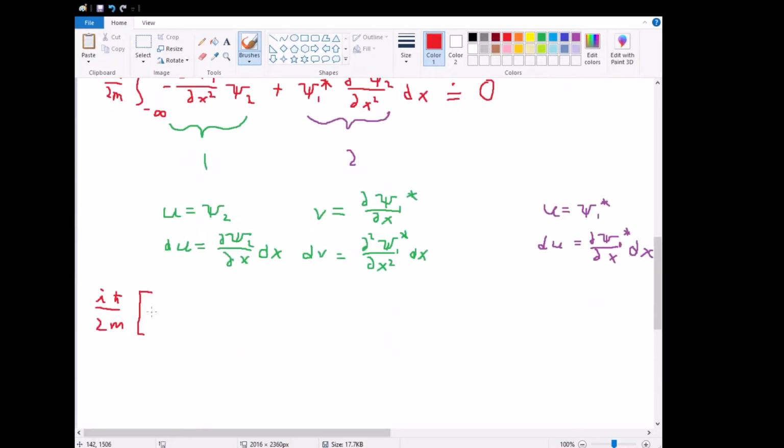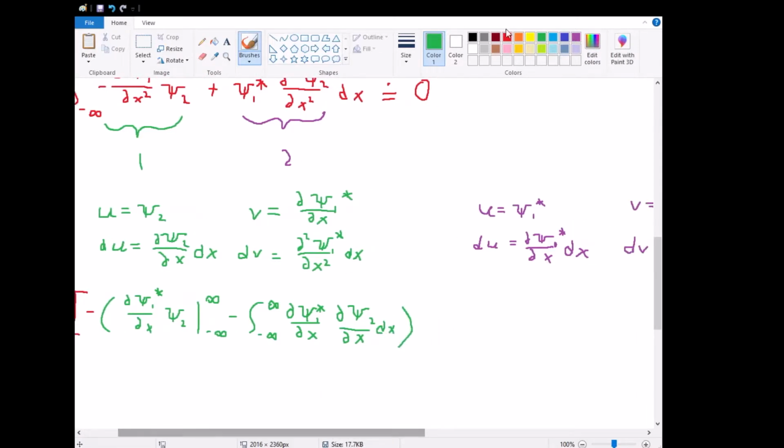There's a negative at the front, we have to remember that, so the negative of, and then in green, in parentheses, uv, so partial of psi 1 star with respect to x times psi 2, evaluated from negative infinity to positive infinity, minus the integral of v du, so the integral with the same limits, negative infinity to positive infinity, of partial psi 1 star with respect to x times partial psi 2 with respect to x dx. And this is our green expression.